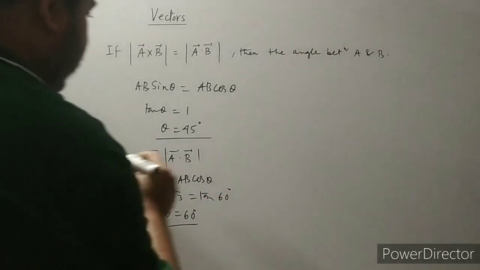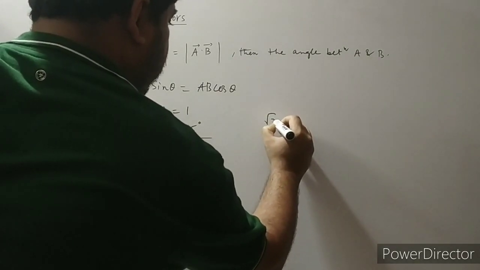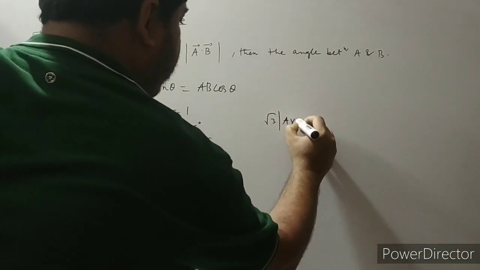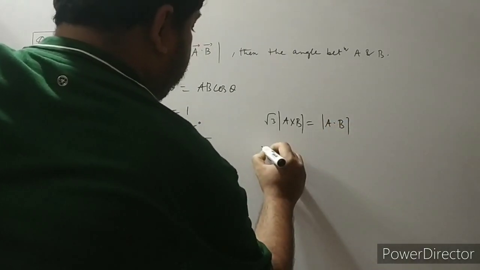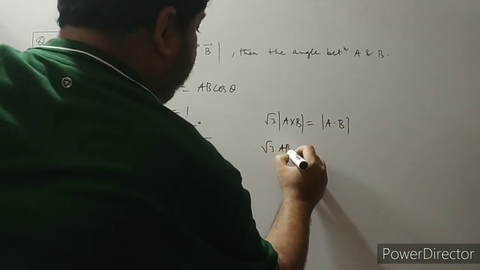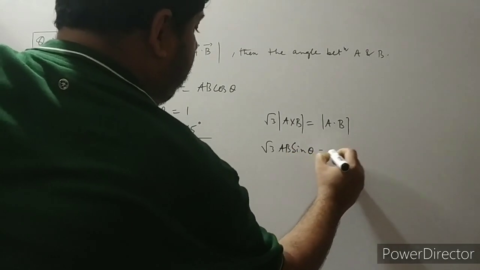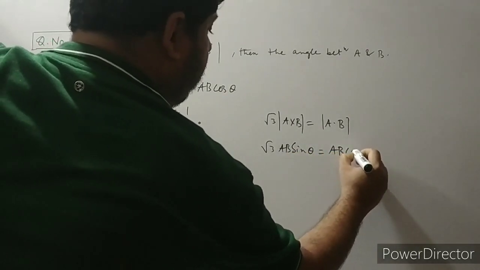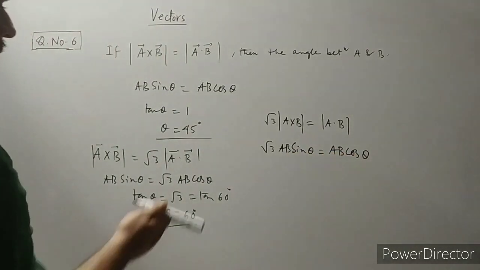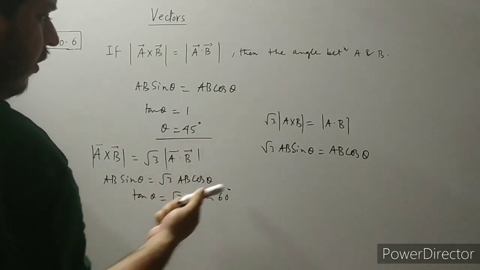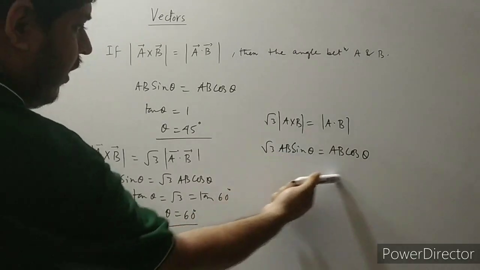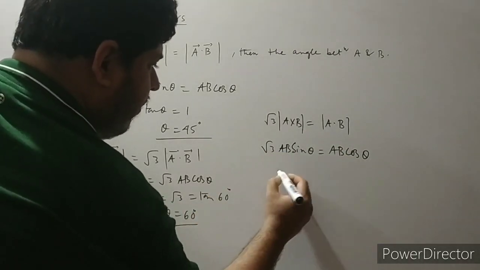Instead of giving this, if it is root 3 into mod A cross B is equal to mod A dot B, then it will be root 3 AB sin theta is equal to AB cos theta. AB cancel.